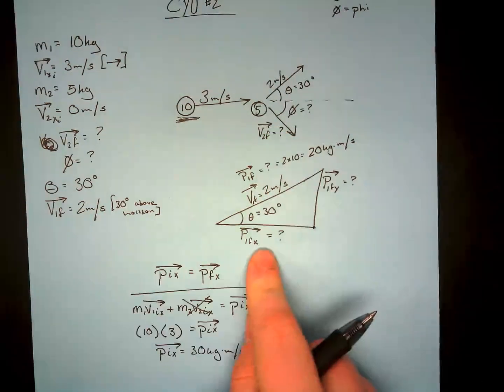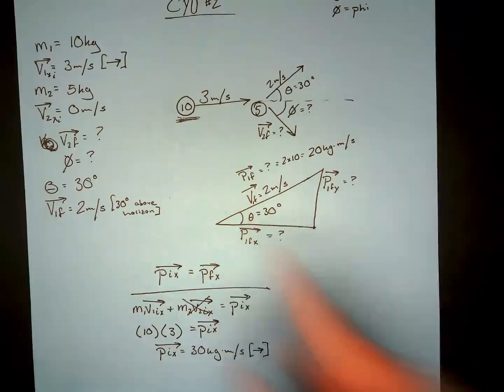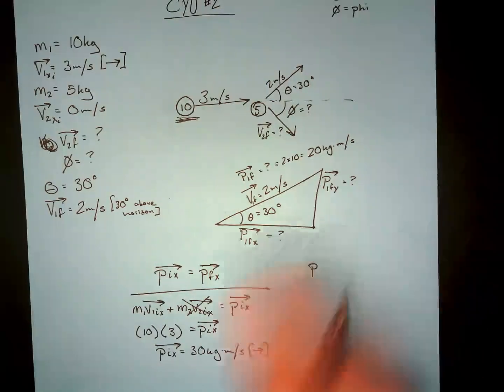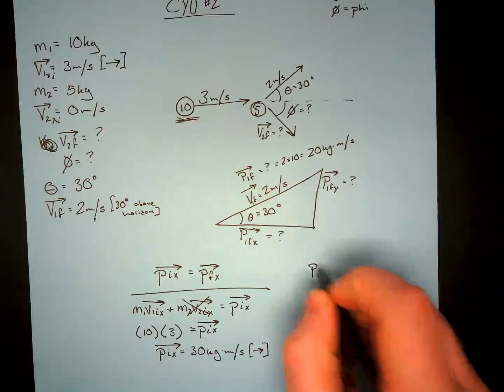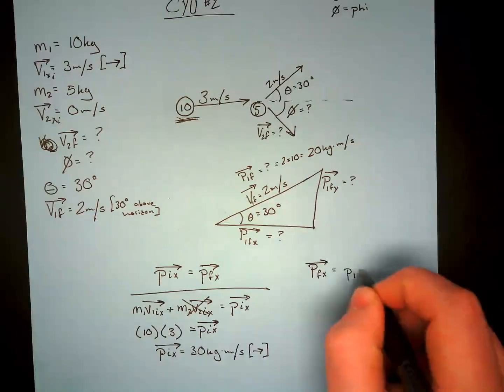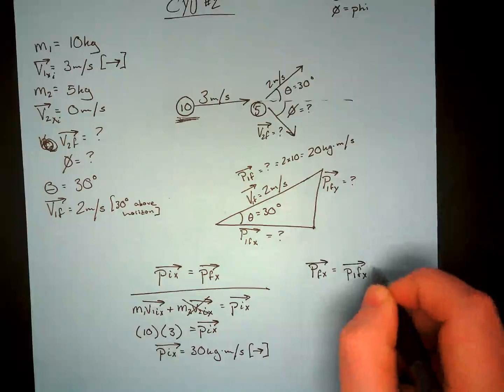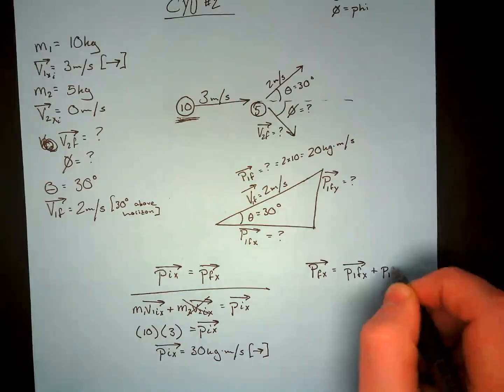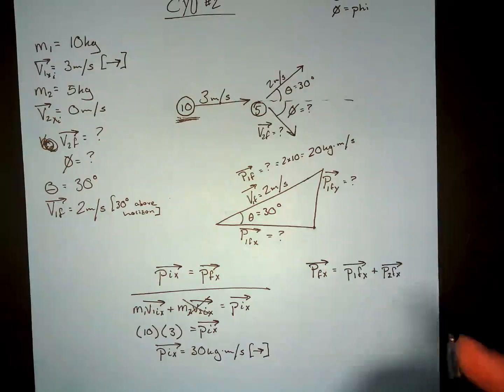But first we need to find out this, because just like over here, the final x momentum is going to be equal to the final momentum of our first object plus the final momentum of our second object on the x-axis.